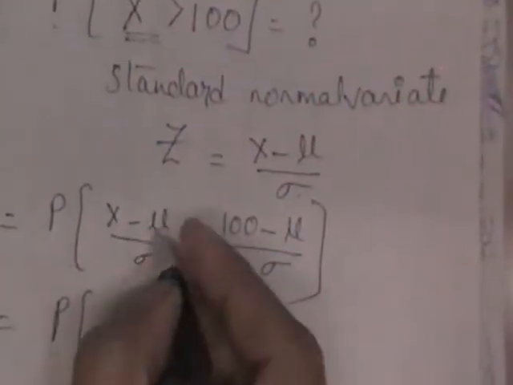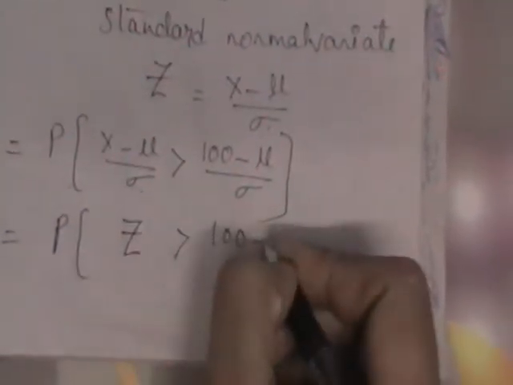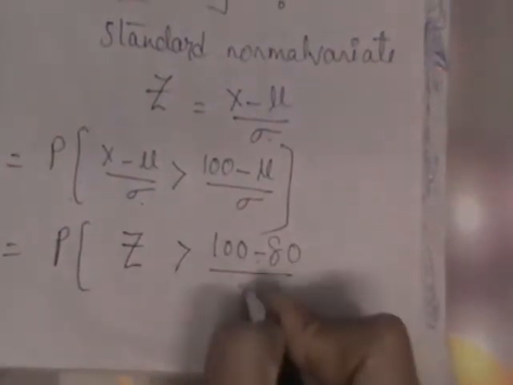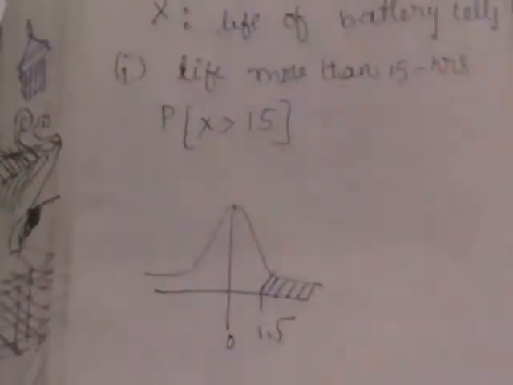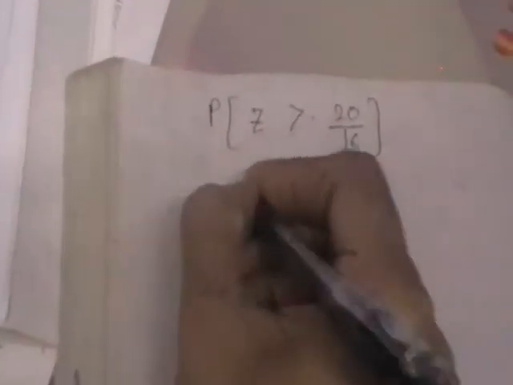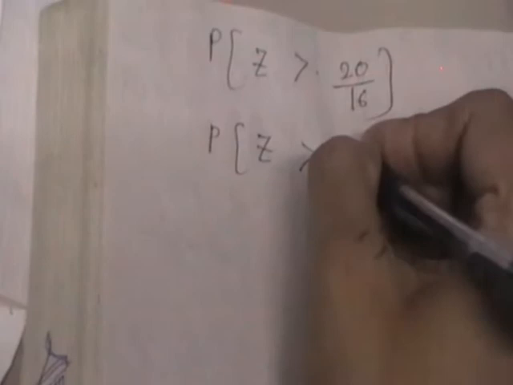Okay, so as (X minus mu) by sigma is Z, we write the probability that Z is greater than (100 minus what is mu here?). In the given problem, mu is 80, sigma is 16. So you need to find out the probability that X greater than 100, which is Z greater than (100 minus 80) means 20 by 16, which is nothing but 5 by 4.